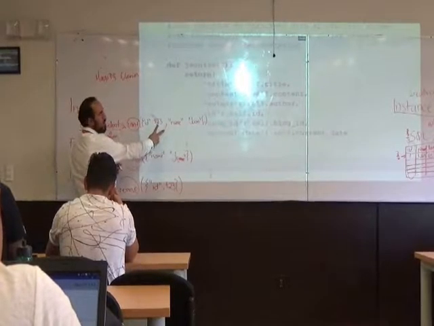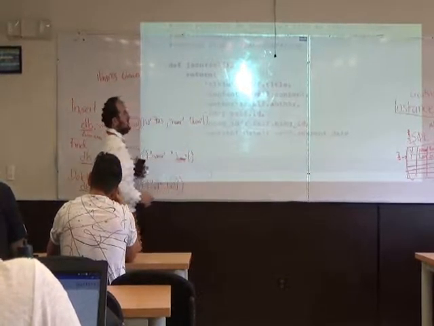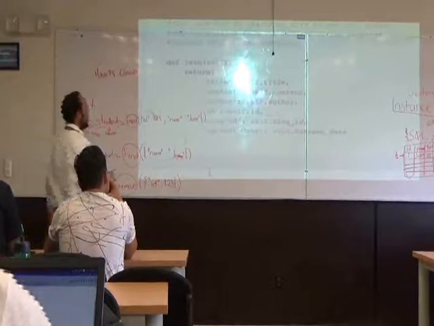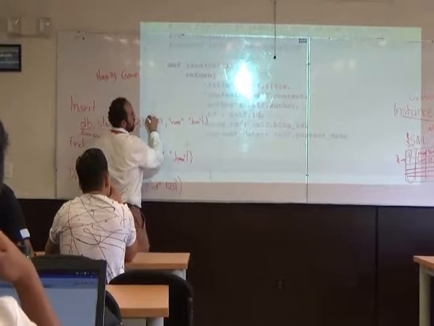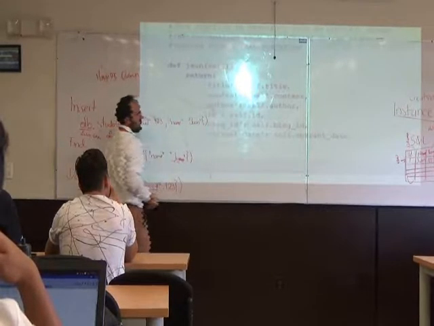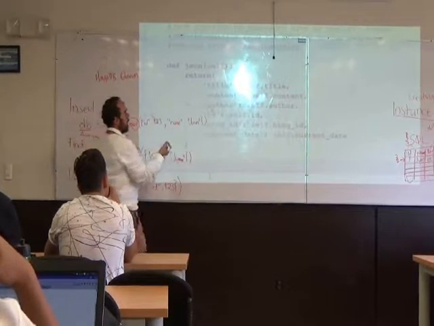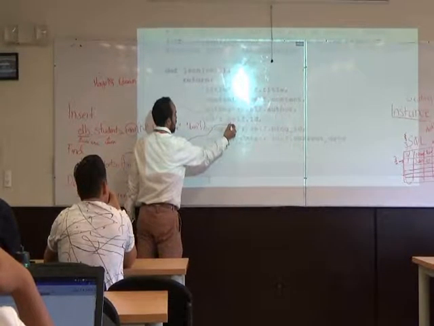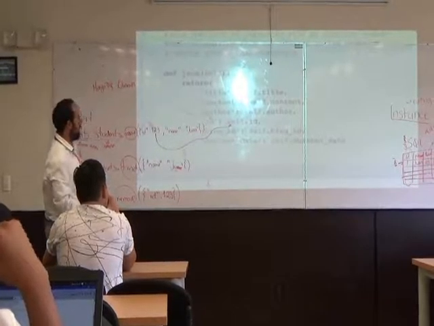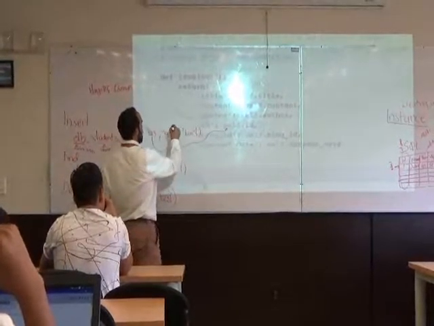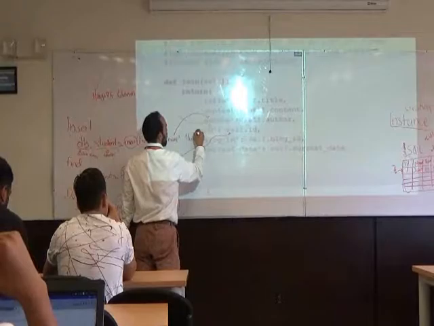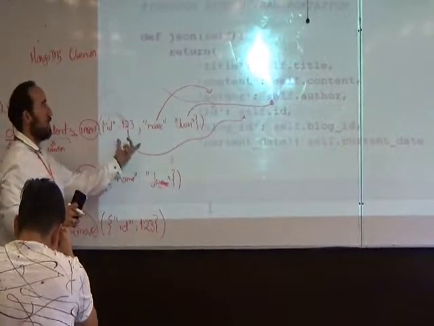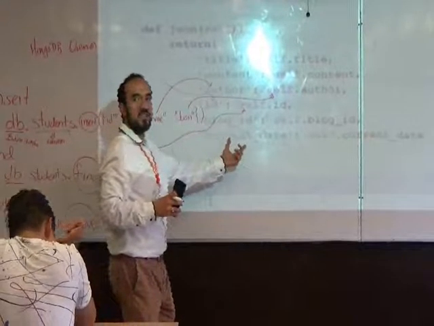Do you see some relationship between this and this? Name. It's like the same, guys. The format is the same in Mongo and in JSON.